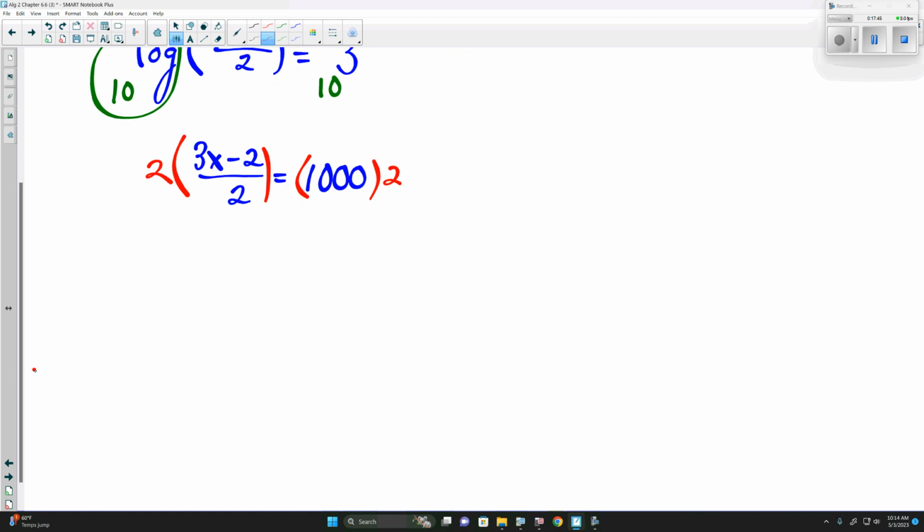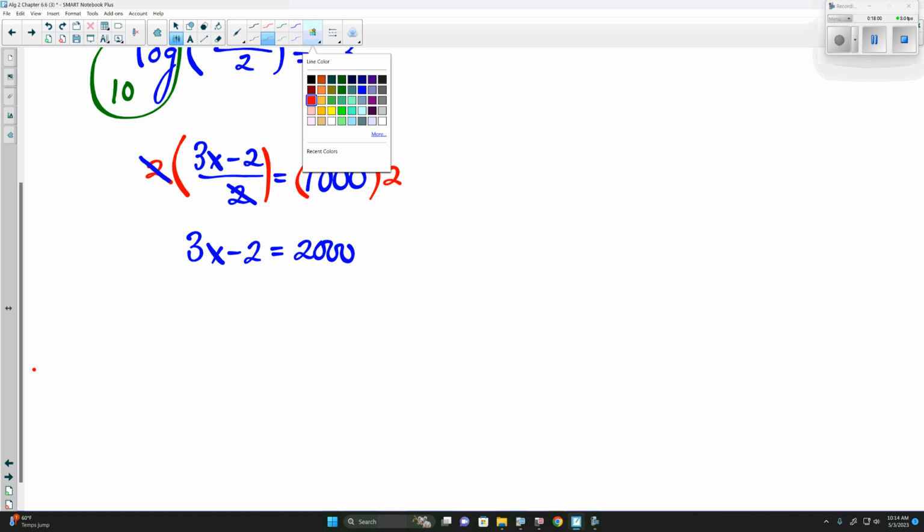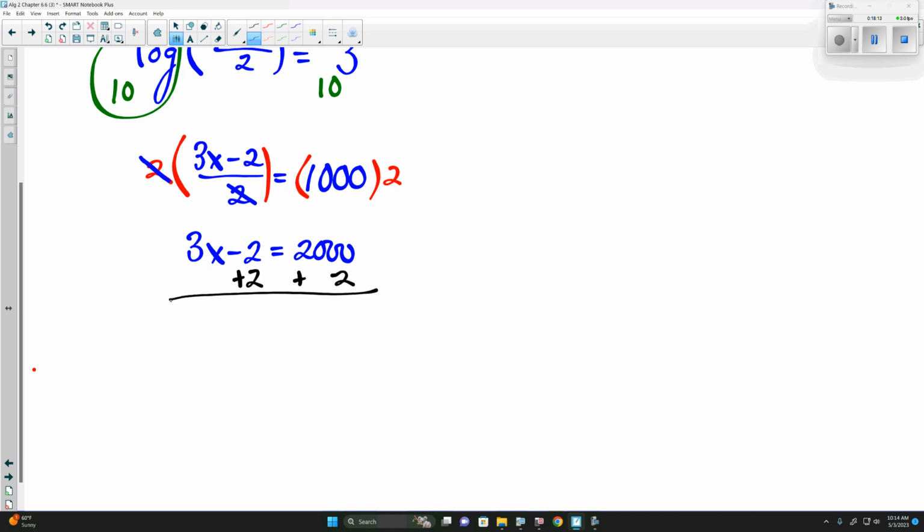But here, I'm going to go on and just multiply by 2, because these will cancel, telling us 3x minus 2 is equal to 2,000. What can we do next? We can add 2 to both sides.